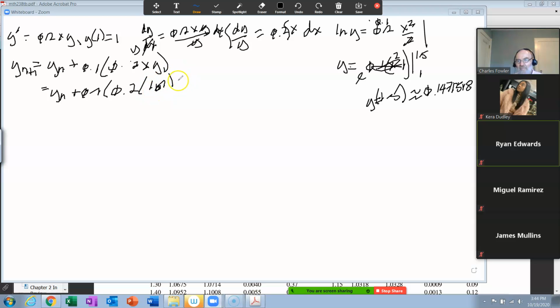Okay, x was 1 and y was 1 also. So that's a pretty simple multiplication to do. Let me see if I can do that real quickly.